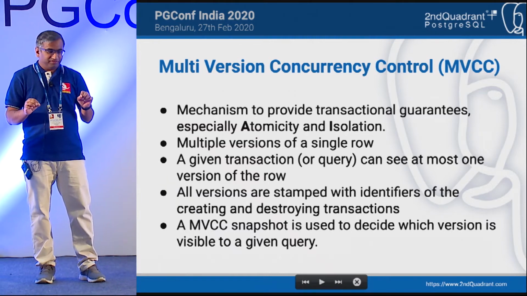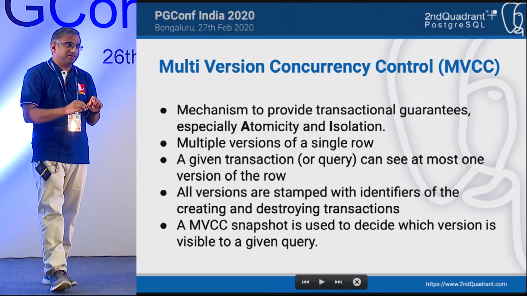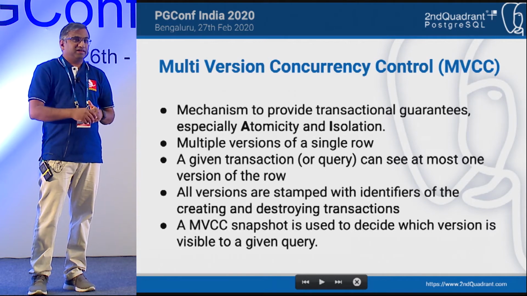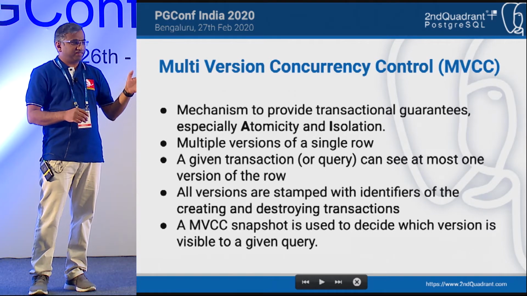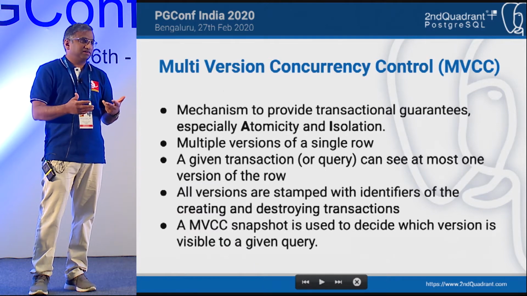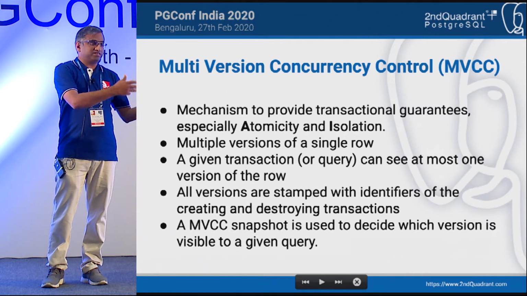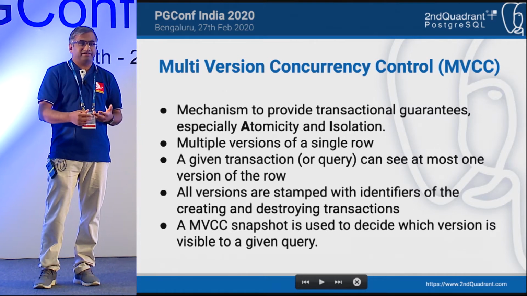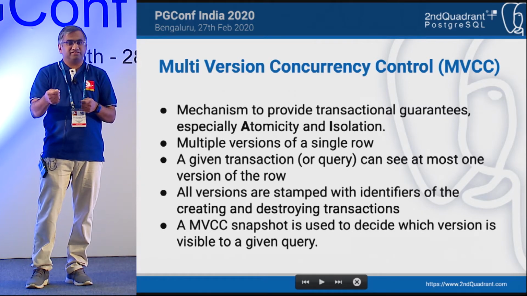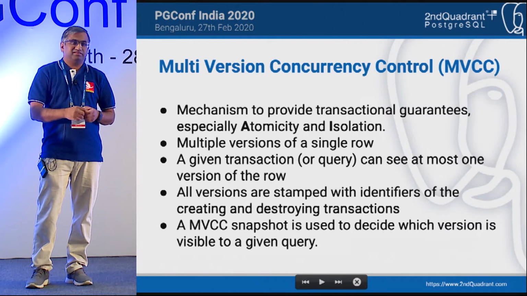Even if I'm saying that when you update a row, you end up having multiple versions of a row, any given query at any given point can see only one version of the row, and we have to guarantee that in a database. Otherwise, imagine your application is updating a row and another transaction is selecting from that table. If you start seeing the same row twice because there are multiple versions of the row in the table, there would be chaos.